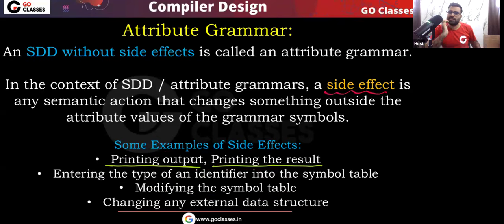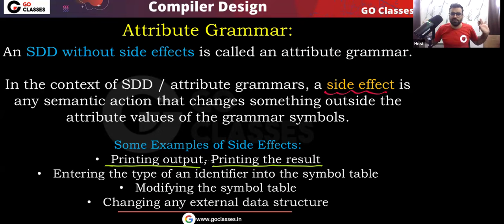In the previous lecture we saw that the semantic analyzer will insert the type information in the symbol table. So that is also a side effect. Yes or no? You are doing something other than attribute computation, then that is a side effect.